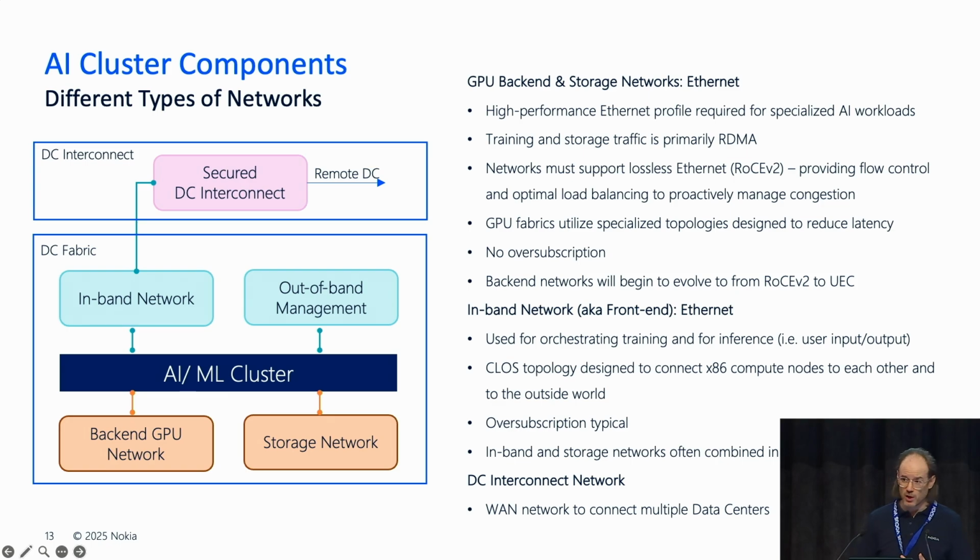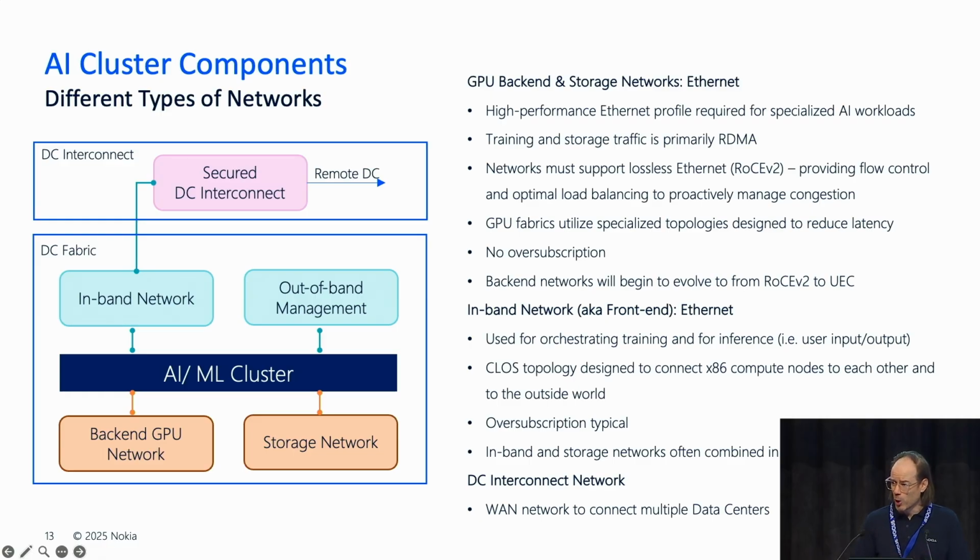The in-band network, also known as a front-end network, is always deployed using Ethernet. Typically, this might be orchestrating some of your training workloads, and you'll also use it for serving inference traffic, so north-south traffic towards users. It's a very traditional Clos fabric that you might use here, very common for anyone who's deployed regular data center fabrics. Oversubscription is quite typical in this space.